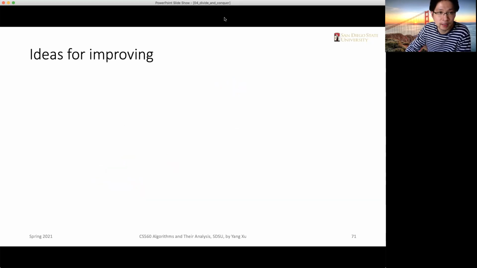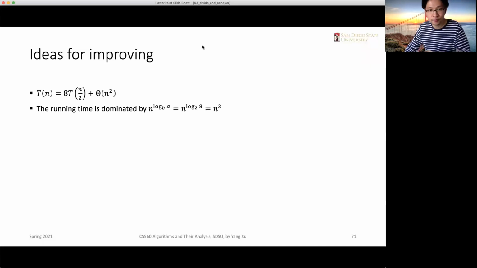If we look at the algorithm, we can see that what master theorem tells us is that the determinant term is this one, right? And the order of this function is determined by the 8 and 2, the two numbers here.